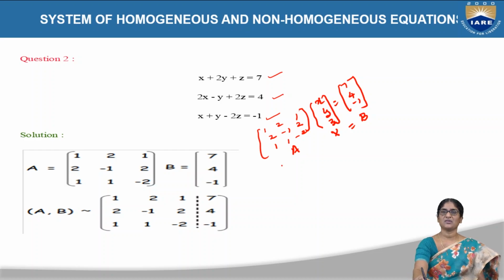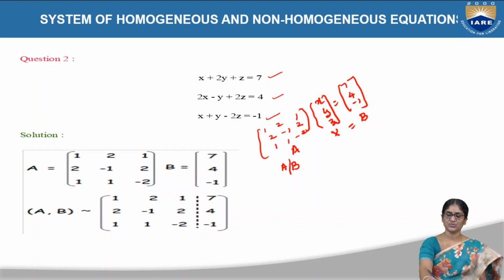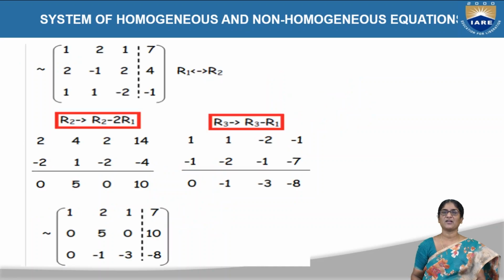So we can take the augmented matrix A by B. Consider the augmented matrix A by B, which consists of 1, 2, 1, 7; 2, minus 1, 2, 4; 1, 1, minus 2, 1. As in the previous case, we'll convert that into echelon form to find the rank.